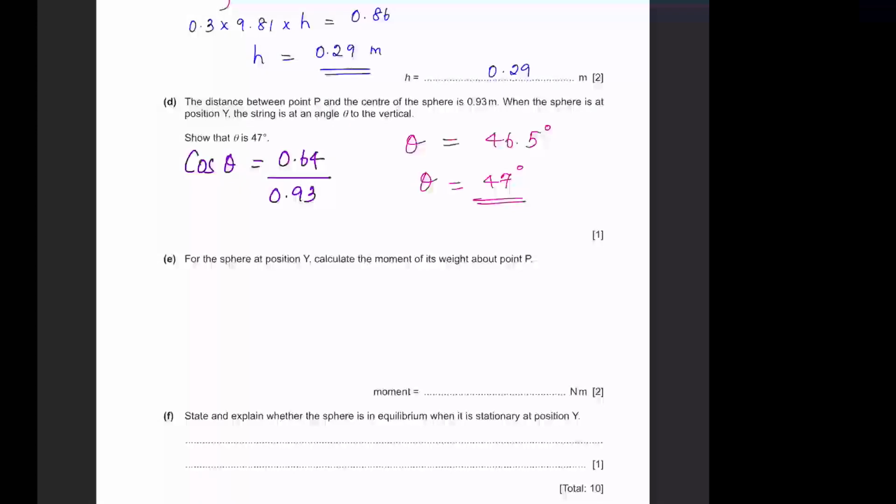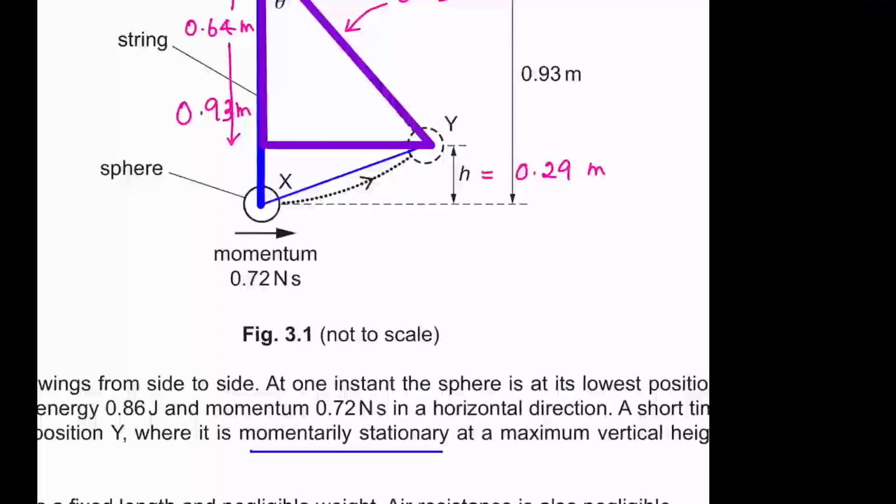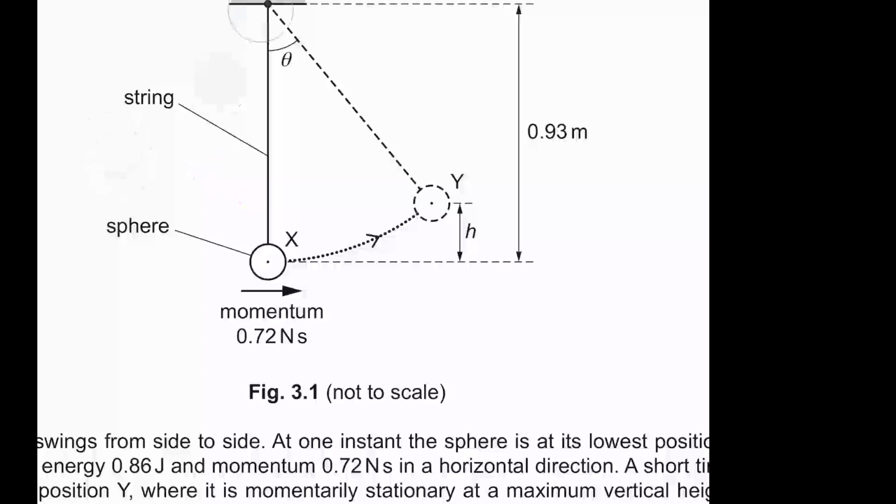For the sphere at position Y, calculate the moment of its weight about the point P. When it is at point Y, we have to take the moment about point P. So guys, the moment is given by force into distance. So weight at Y is acting at this point.